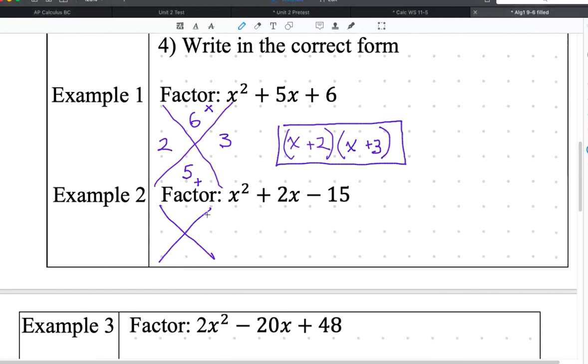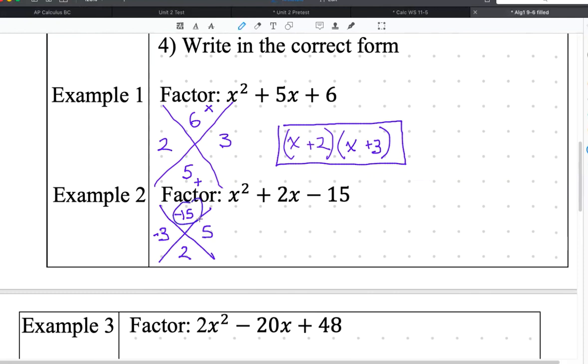White, go for it. Okay, so on the top is going to be negative 15 because that's your C. And on the bottom is going to be 2. Now, to get this on the left side, I got negative 3 of the Ninja Star. And on the right side is a positive 5. Negative 3 times 5 is negative 15.